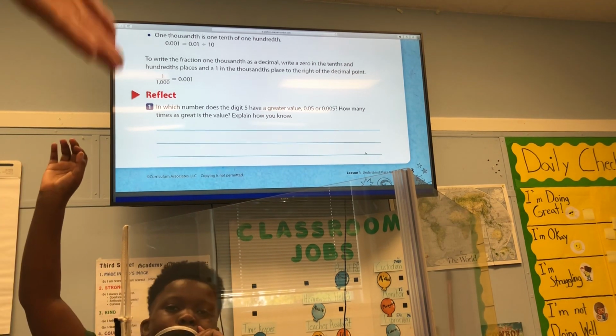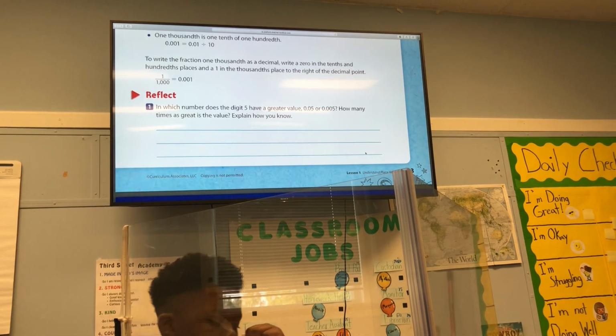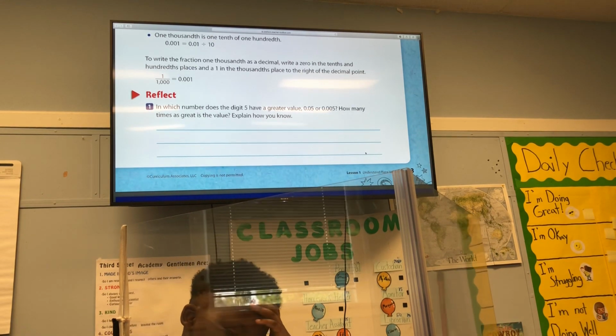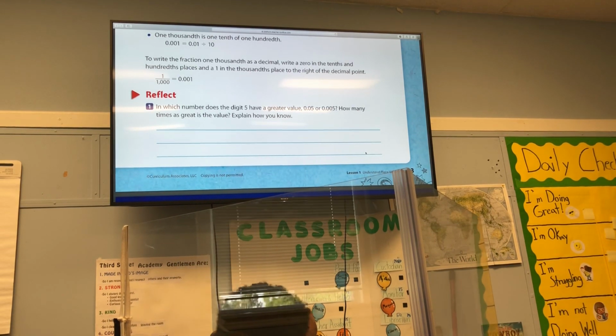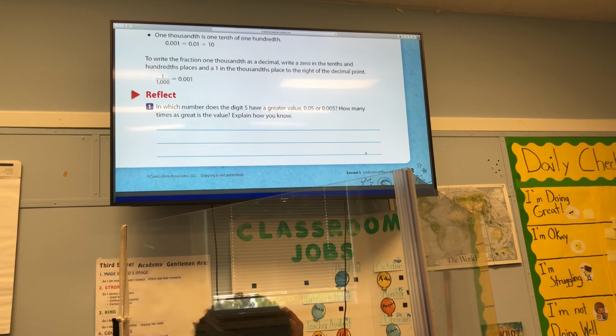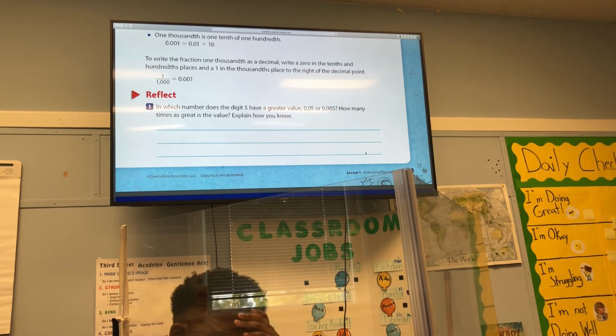So start off on your paper. Write down which one you think is greater. Either it's 0.05 or it's 0.005. Tell me which one do you think is greater? Write it down.